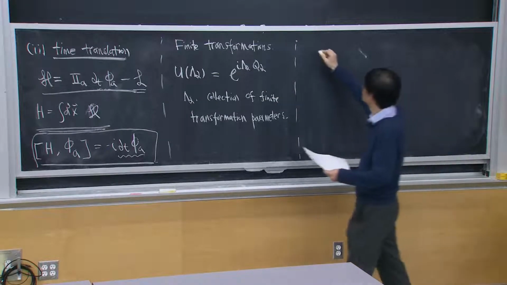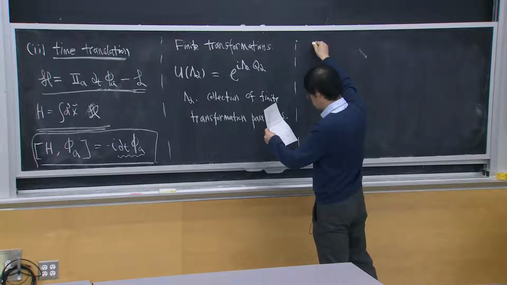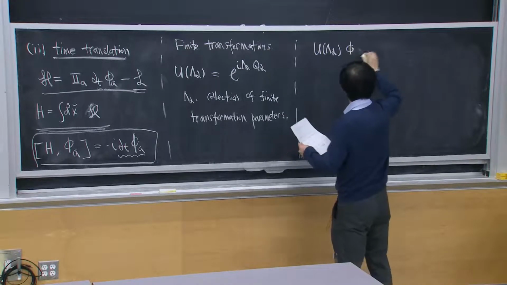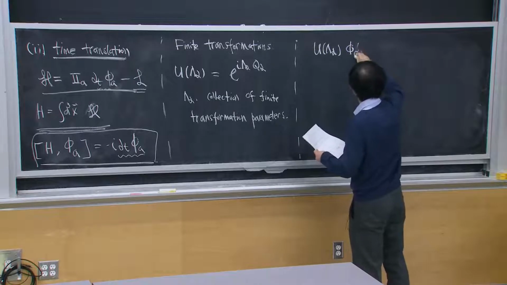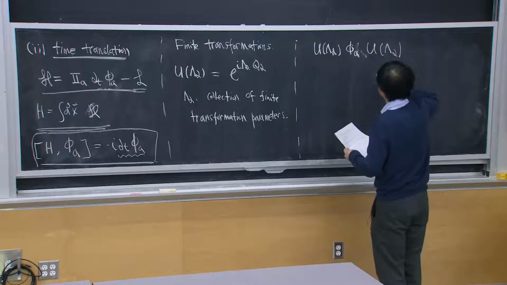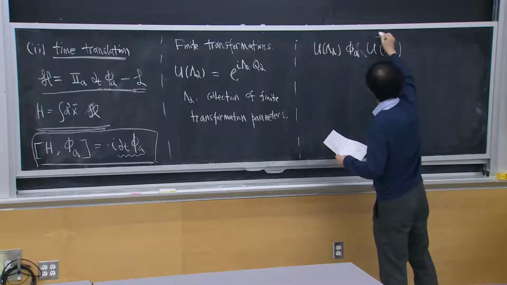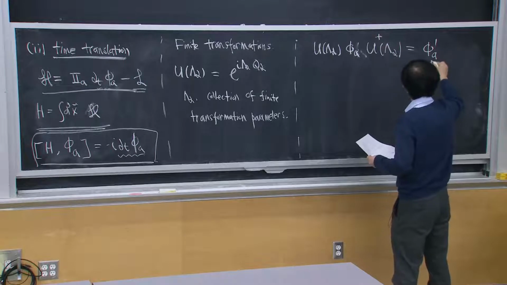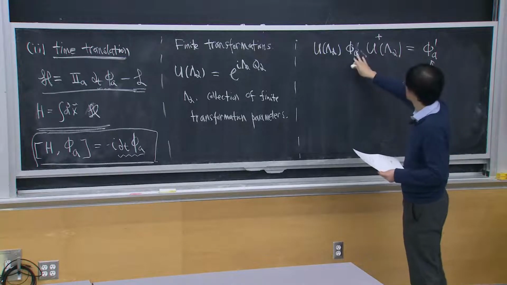If you act U lambda alpha on phi A and U lambda alpha dagger, then you just get phi A prime. And now this is a finite symmetry transformation of phi A.